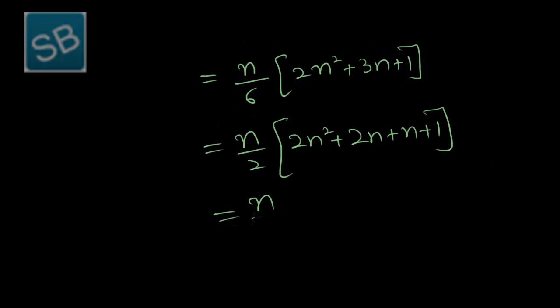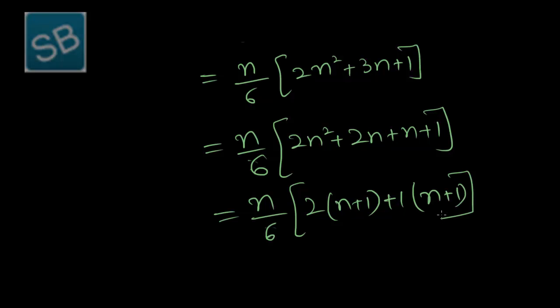Therefore we get n over 2, sorry, not n over 2, it is n over 6. Just see. So we get 2n into n plus 1, in the bracket n plus 1.